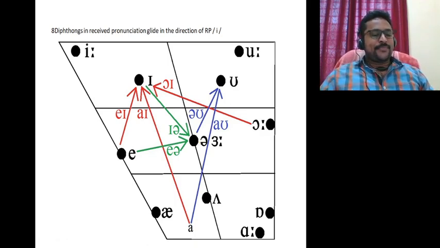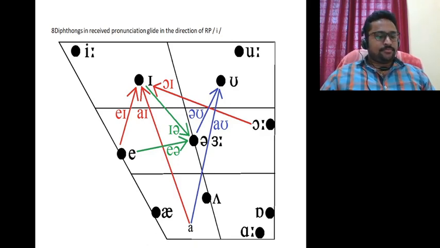Ear. Here. Deer. Fear, F-E-A-R. We are able to notice the diphthong sound in the word fear. Right?